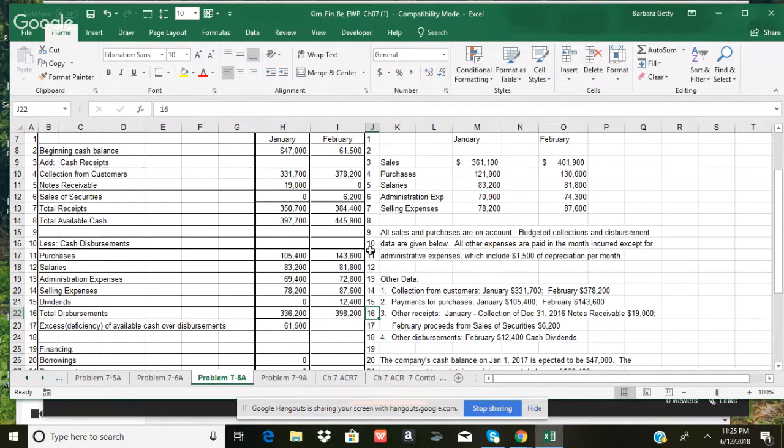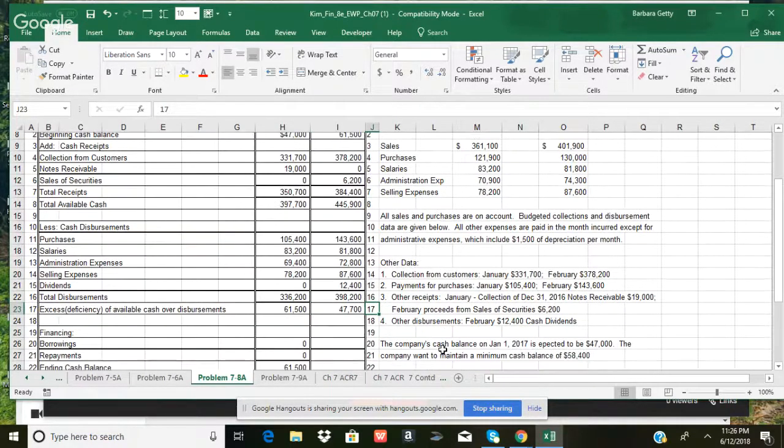So we'll take the available cash of $445,900 and subtract from it the total disbursements of $398,200 and get an excess of $47,700.